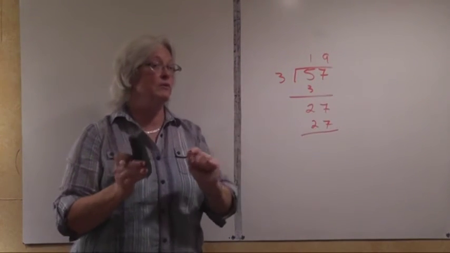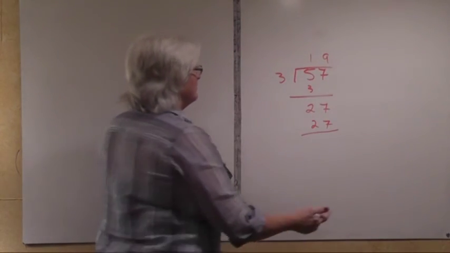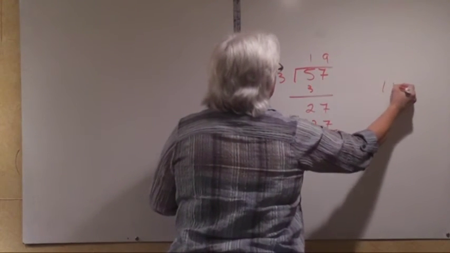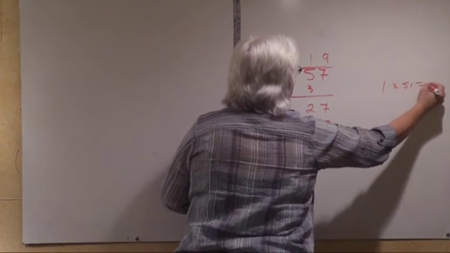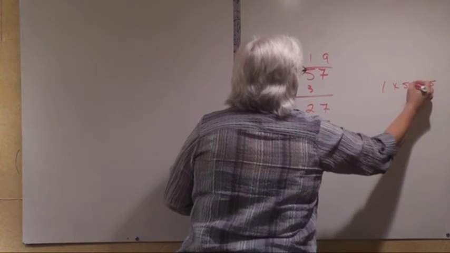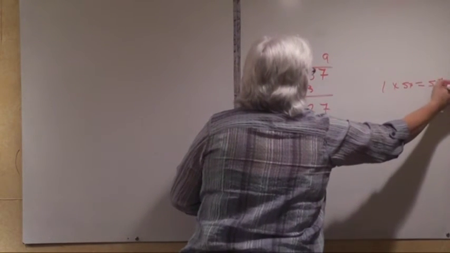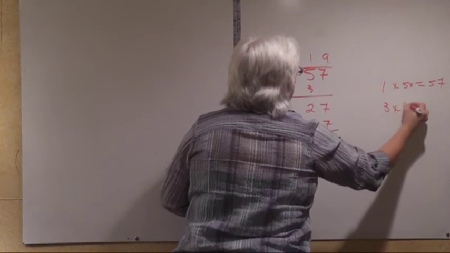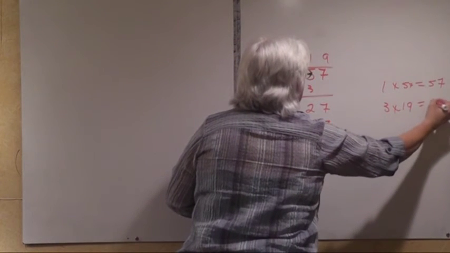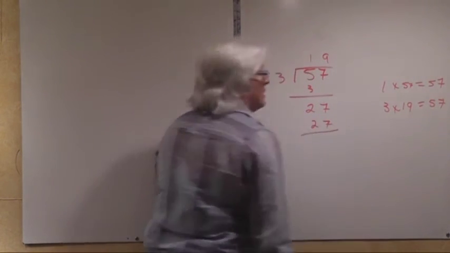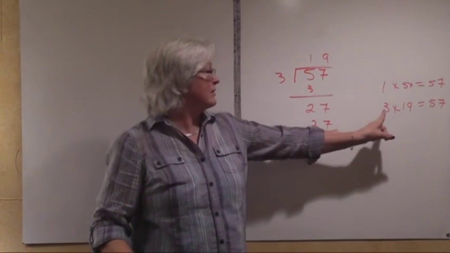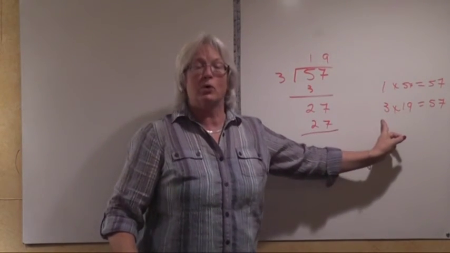So there are very few factors that are involved in 57, but there's that one extra pair that makes it not prime. 3 times 19. And you'll notice that both of these factors here are prime factors.